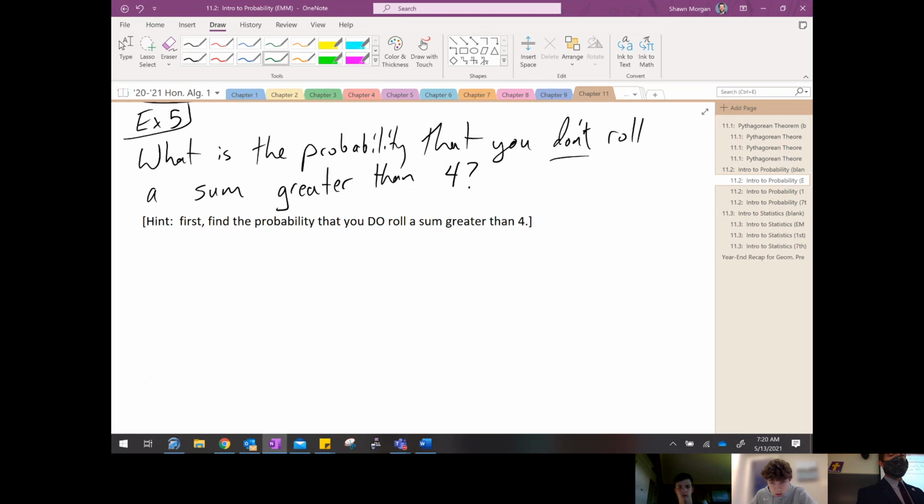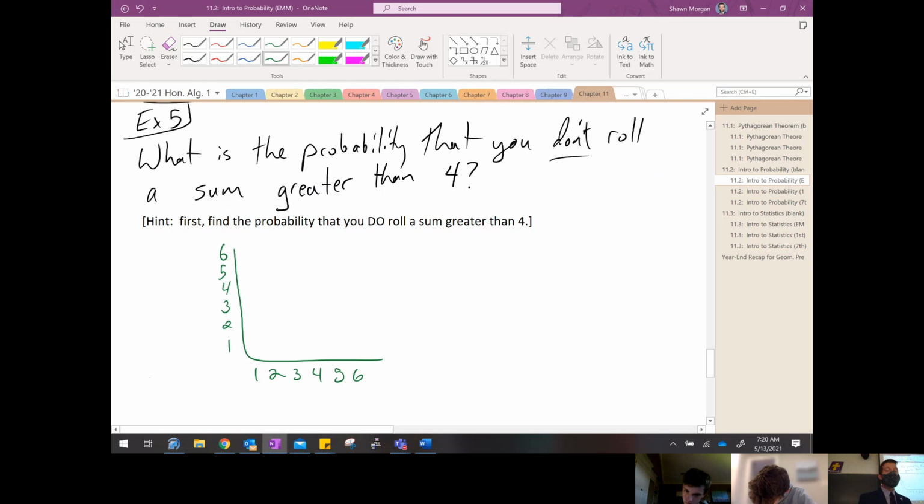So let's look at our lattice diagram here of 6x6. A sum greater than 4 would be where I've got maybe a 4 and a 1, or a 3 and a 2, or a 2 and a 3, or 1 and a 4, or anything else up and to the right. I know I have made this drawing for you before.